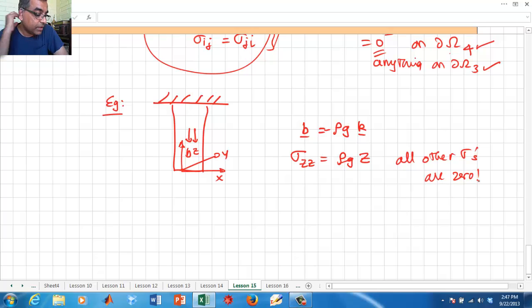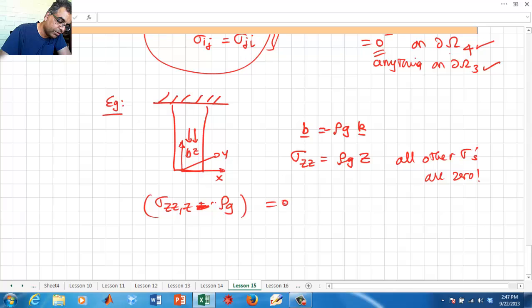Will this satisfy the equations of equilibrium? Well, let's see. All I have to do is sigma zz comma z, which is rho g, plus the body force, minus rho g in the k direction, must be equal to 0. True. All others automatically satisfy because everything else is 0. The other two conditions are automatically satisfied.